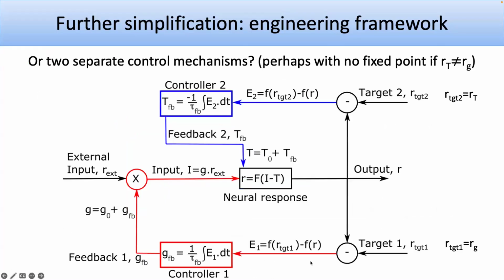If you have two controllers, this is looking very complicated, but I've just mirrored the same system. Now you have a target for one biochemical process and a target for a different one. And the biological cell can't really say, oh, I want 3 hertz or something. What it can do is control different rates of reaction, and the reaction mechanisms are probably pretty much set, what sort of functions they are.